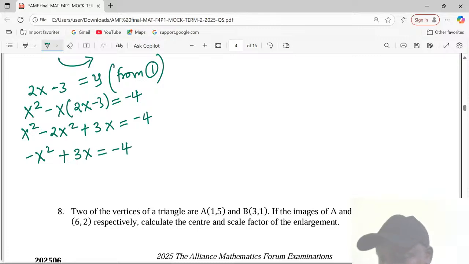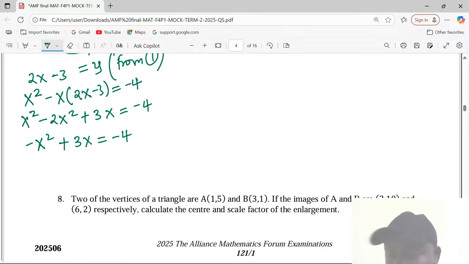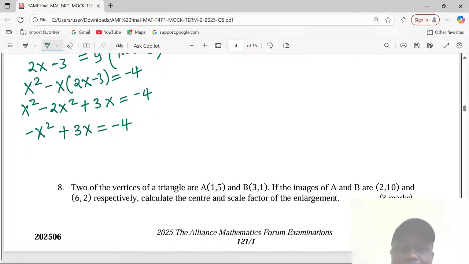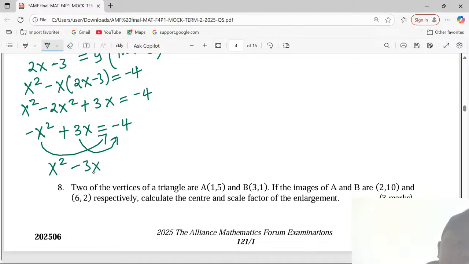We are now supposed to arrange the equation so that it may take the format of quadratic equations. Allow me to bring the negative x squared to the right, whereby it becomes positive x squared. Then the 3x also to the right, where it becomes negative. And we are already having negative 4 on that side.